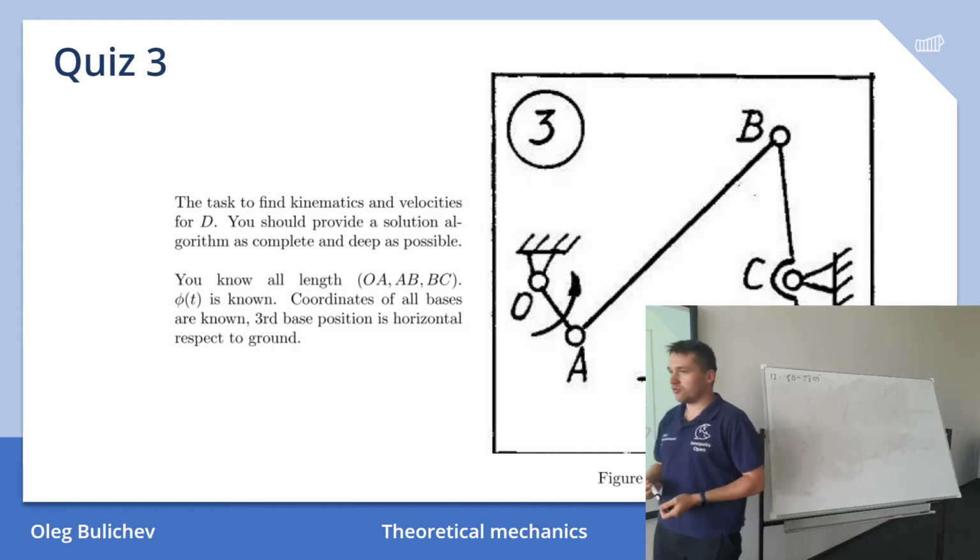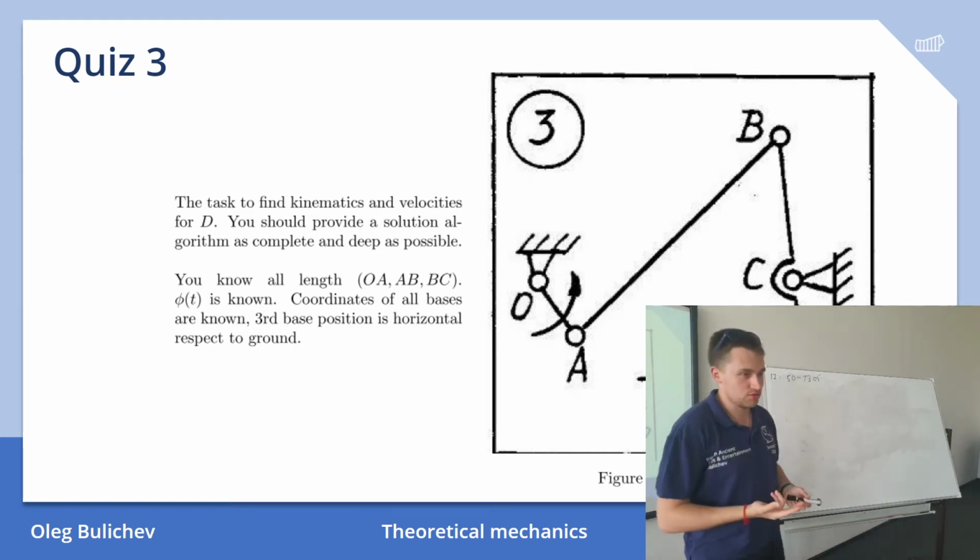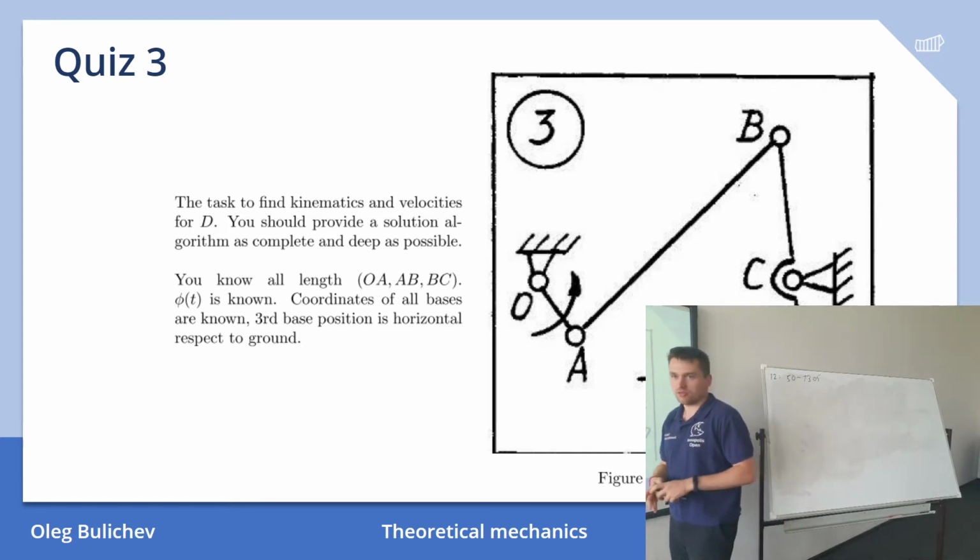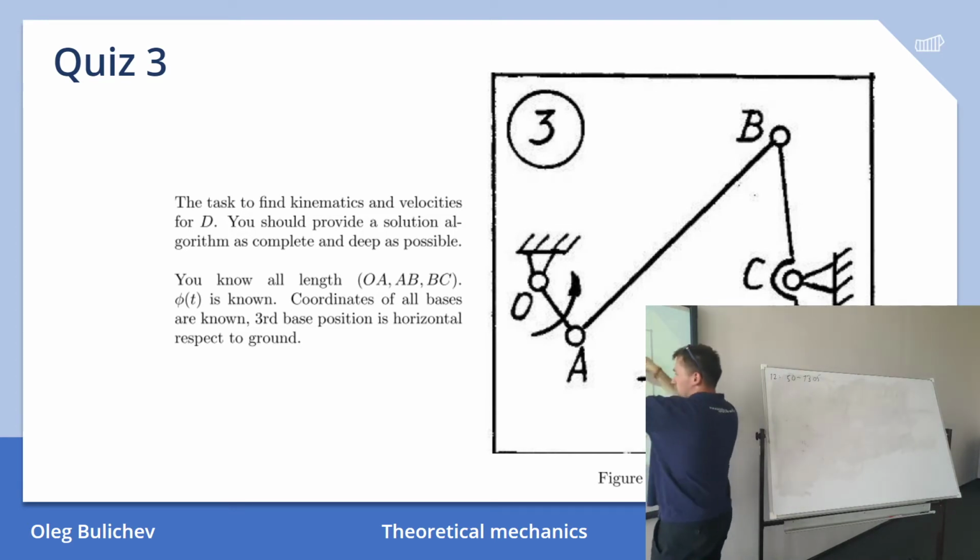If you want to find kinematics, you need to find the intersection between the circles. Again, it was in the previous class. So this circle and this circle. After this, we can find all needed angles for A, O, A, B. Of course, it's better to write it.